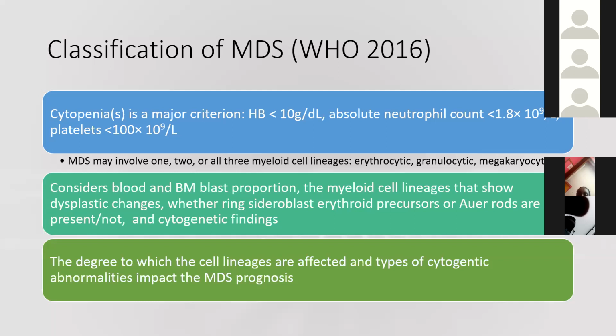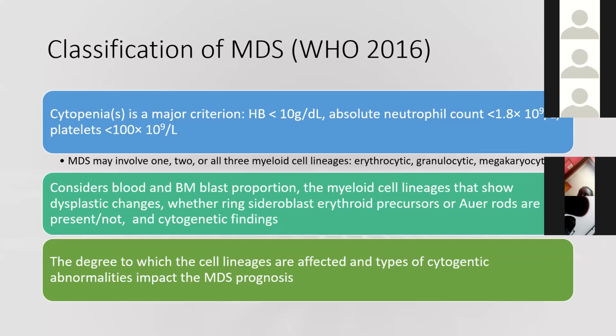Now, the MDS classification of the WHO 2016 also considers the blast cell proportion in the blood and bone marrow, and which myeloid cell lineages show dysplastic changes. So it will consider, are there blasts present, is there an increase in blasts, and what is the count of the blasts?